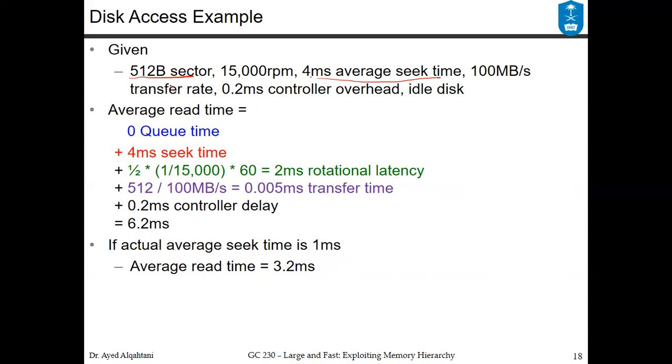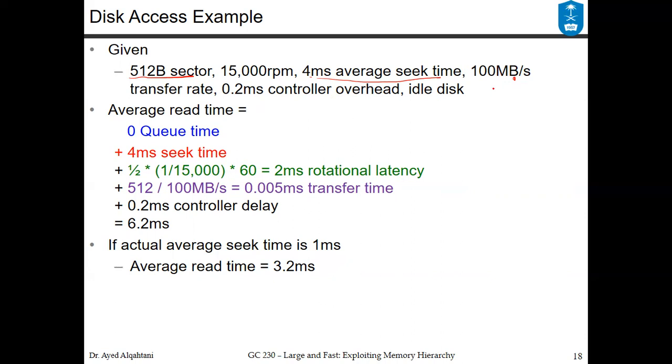And since this is the size of every sector, it's 512 bytes, and the transfer rate is 100 megabyte per second, always be aware, is it megabyte or megabits, the speeds?